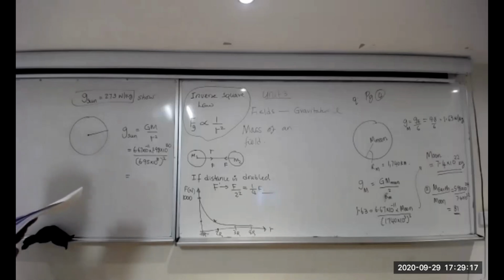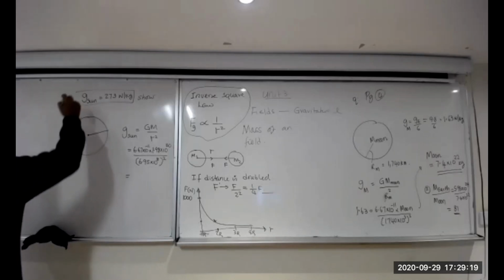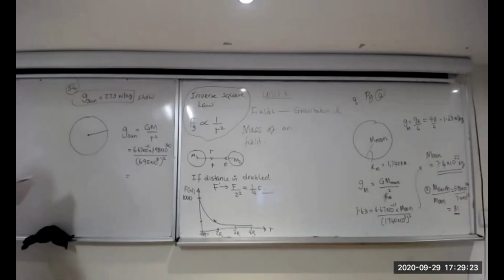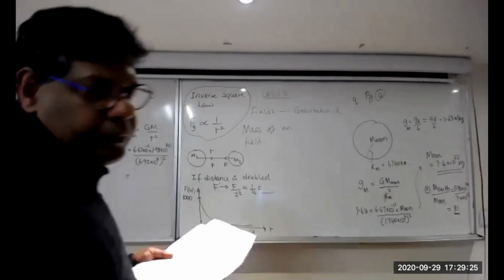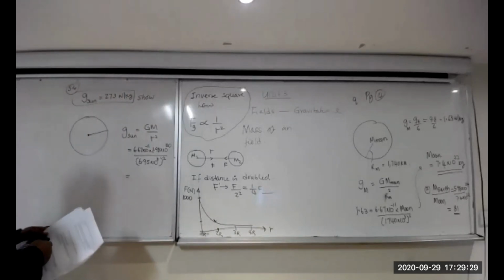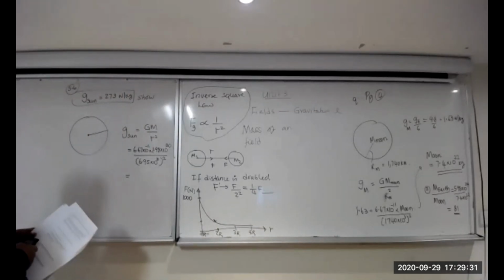This is question 5.6. So it has an enormous mass, and we're trying to calculate the gravitational field strength of the sun.